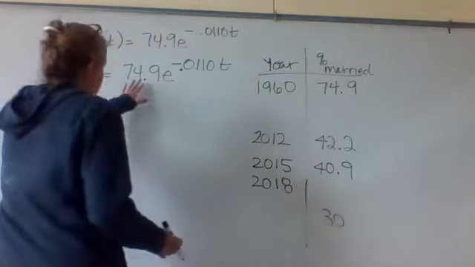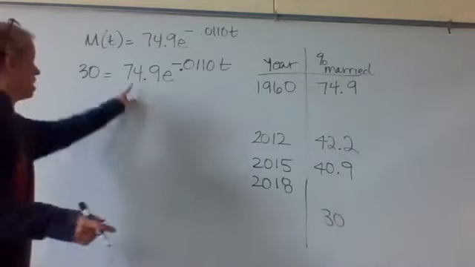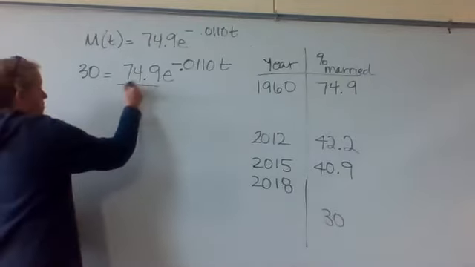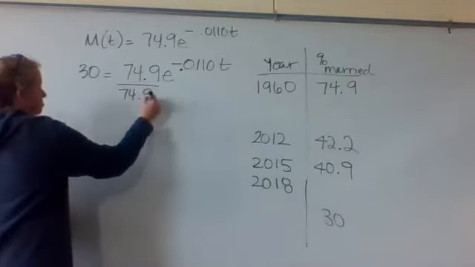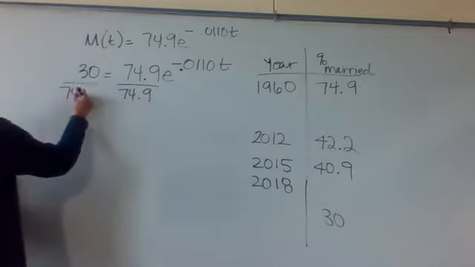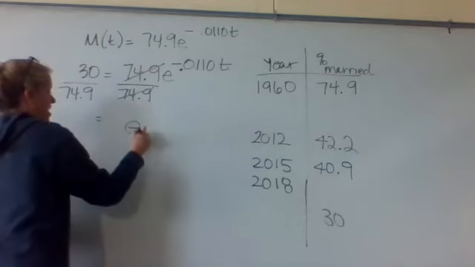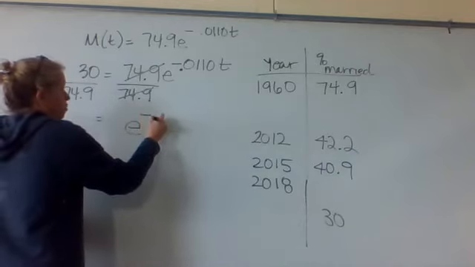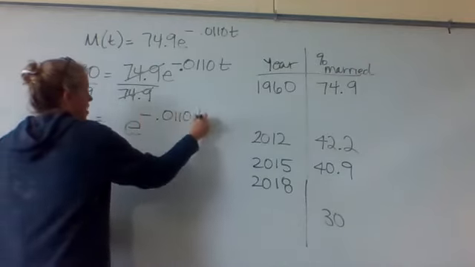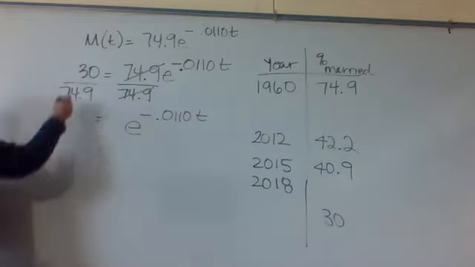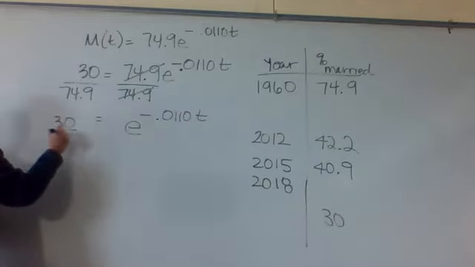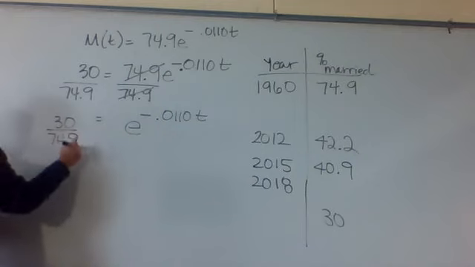It's up in the exponent, which means in a minute I'm going to have to ln both sides. But before that, get rid of the 74.9. So I've got e to the negative 0.0110t equals 30 over 74.9.